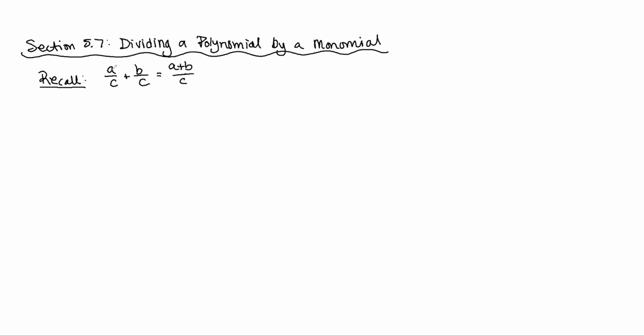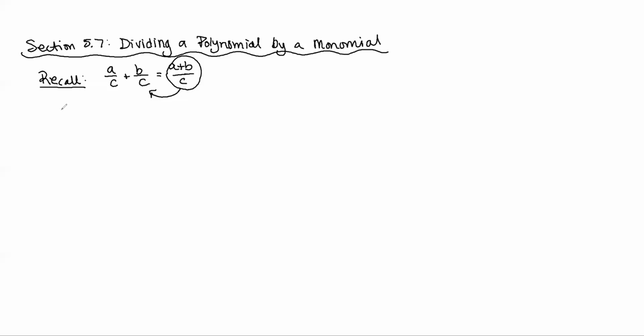In this case, they don't combine because they're not like terms, so we'll just put a plus b. Now what we're going to be doing is we're going to take something like this on the right, and we're going to be going backwards. So we're going to take a polynomial that's put over some single term, and we can split that up and then just keep the addition or subtraction in between.